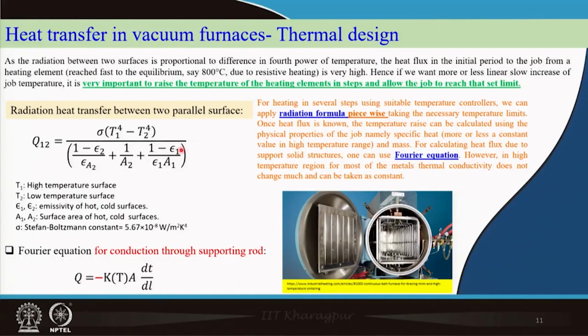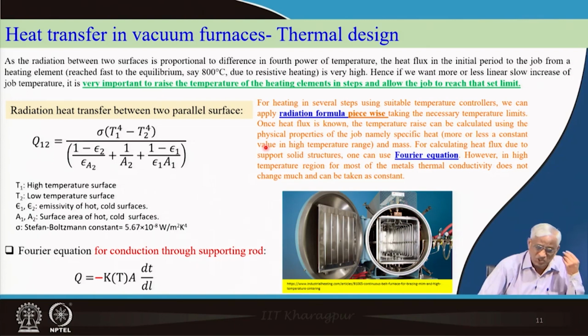We will see that there. But here are the two famous formulas which are known to most of you, the Stefan-Boltzmann equation, taking emissivities and shape factors into consideration, because in vacuum the only process of heat transfer is radiation, convection is not there. At 10 power minus 6 Torr, residual gas conduction is not there, but there will be solid conduction because of support rods.